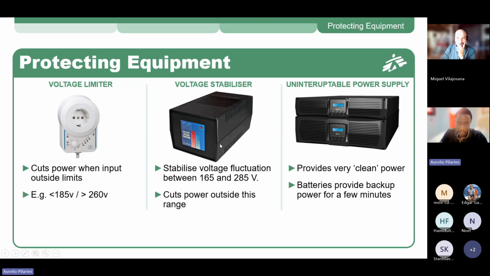Even for voltage stabilizers there are defined ranges. If the voltage is in this range, the AVR will be able to convert this power and make the voltage stable. But if your voltage goes off this range, then the AVR is no longer able to convert the power.